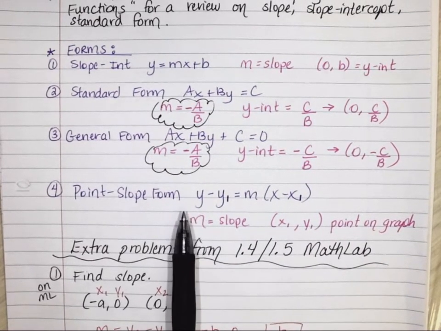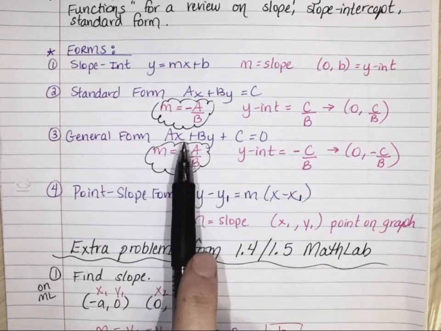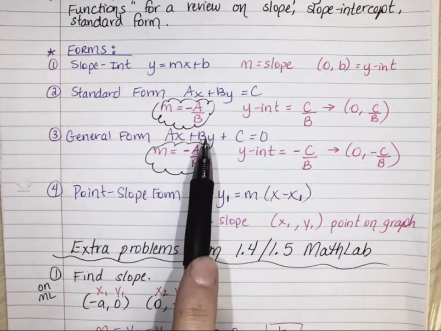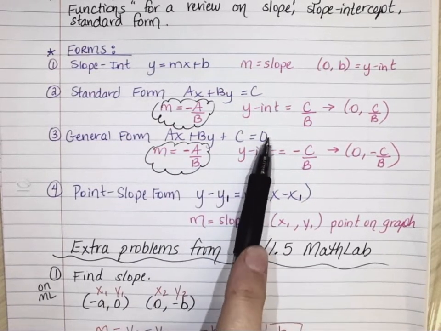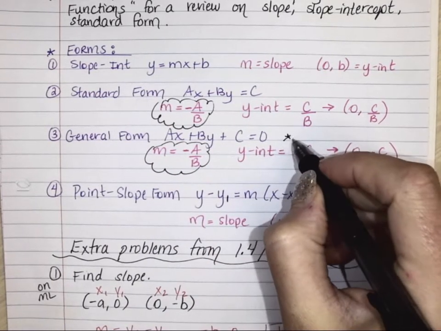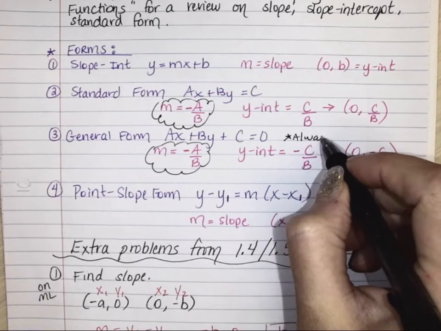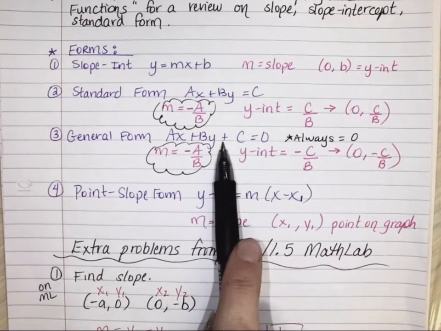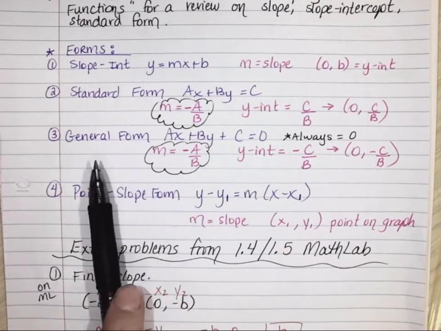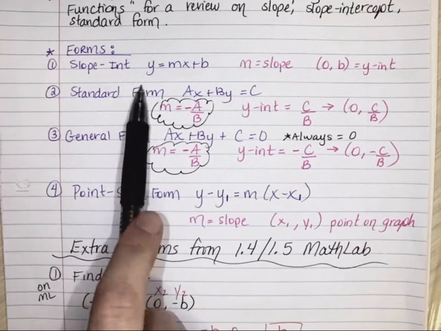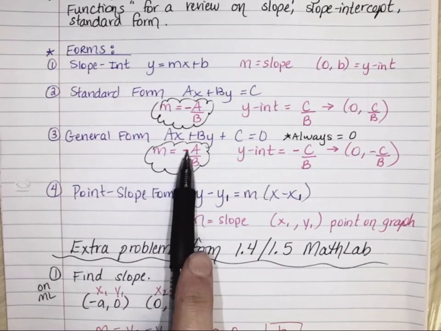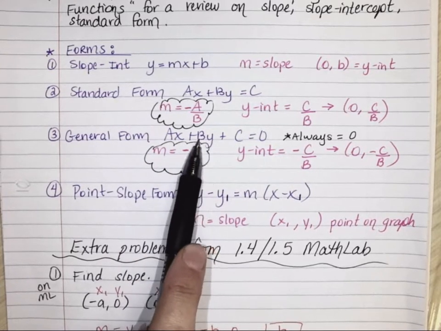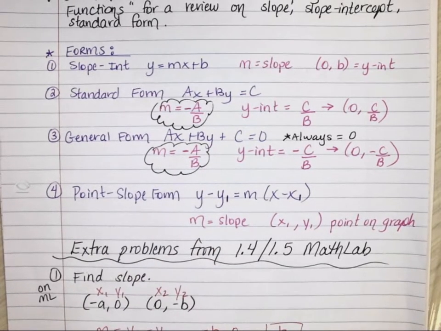General form is one that you're probably not too familiar with, but it is very similar to standard form. It makes sure that the entire equation is always set equal to 0, meaning everything else is always on the other side. Your slope is still the same for standard form as it is for general: negative a over b, the opposite of the coefficient in front of x over the number in front of y.